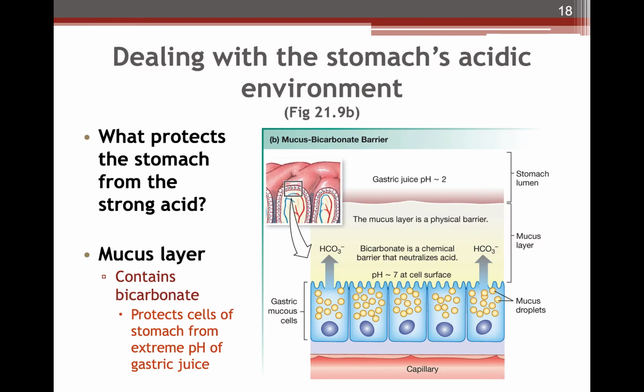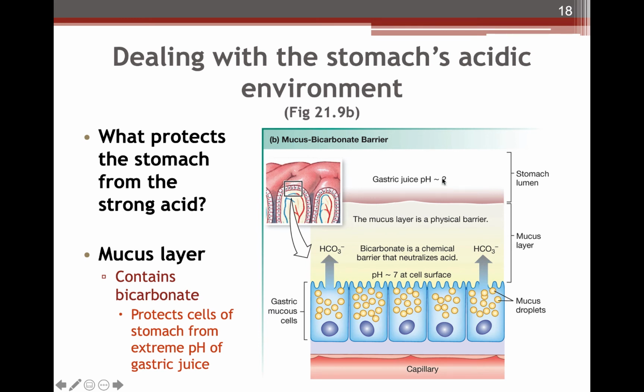And then the last little thing that I'll say before we leave the stomach is about the production of mucus. Remember these mucus surface cells right here, and a little bit further down, these mucus neck cells produce the mucus plus the bicarbonate that protects the gastric epithelial cells from damage from this very acidic gastric juice around pH 2.